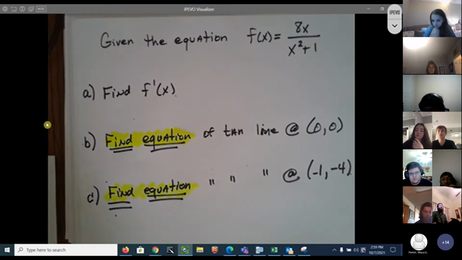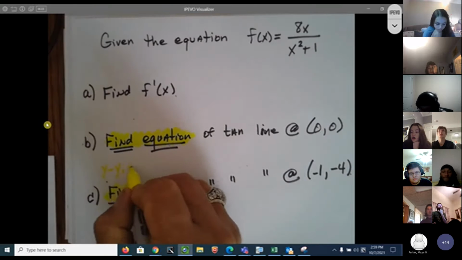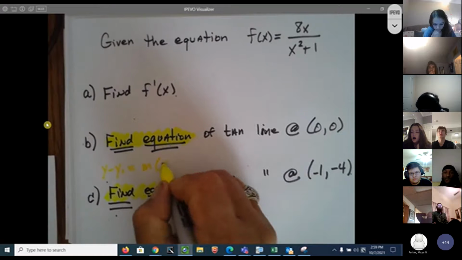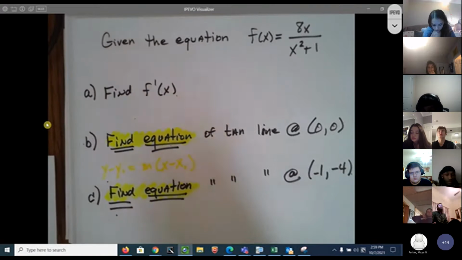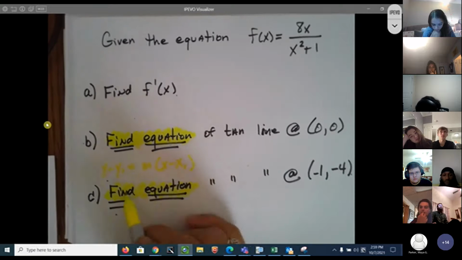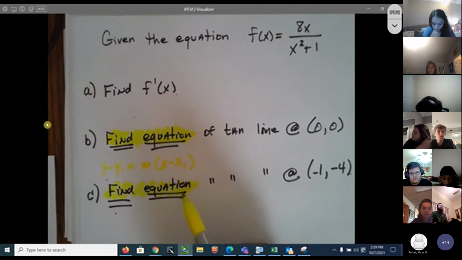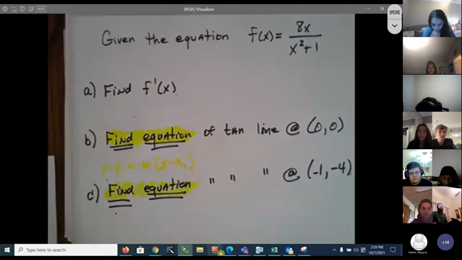The intercept equation. Y minus y sub 1 is equal to m times x minus x sub 1. You've been taught since algebra, when you see these words, you got to use this, and then that puts it all together. This right here is a joke of a question.